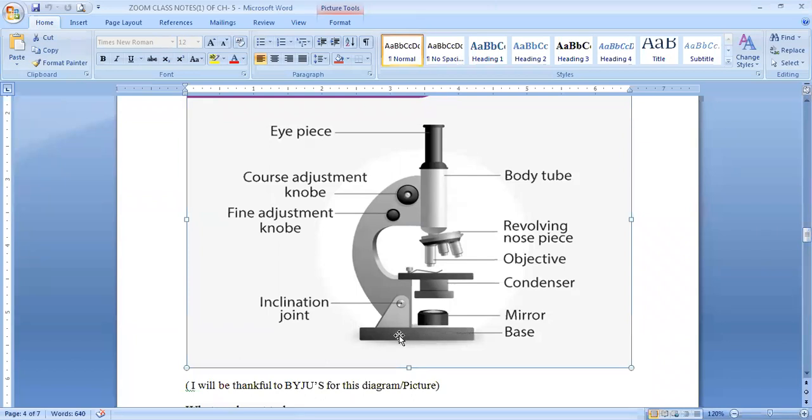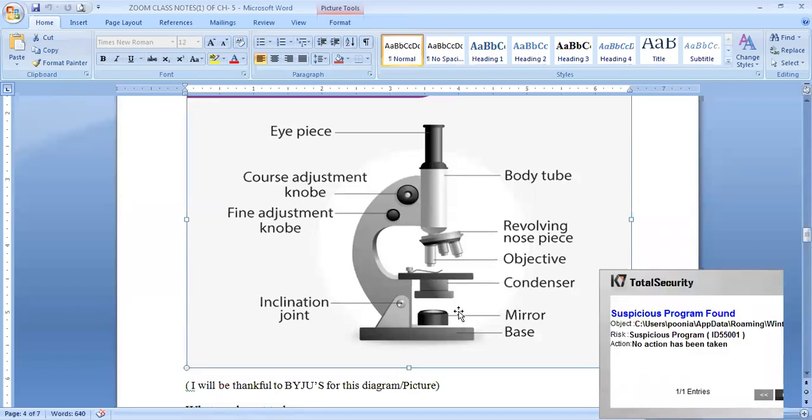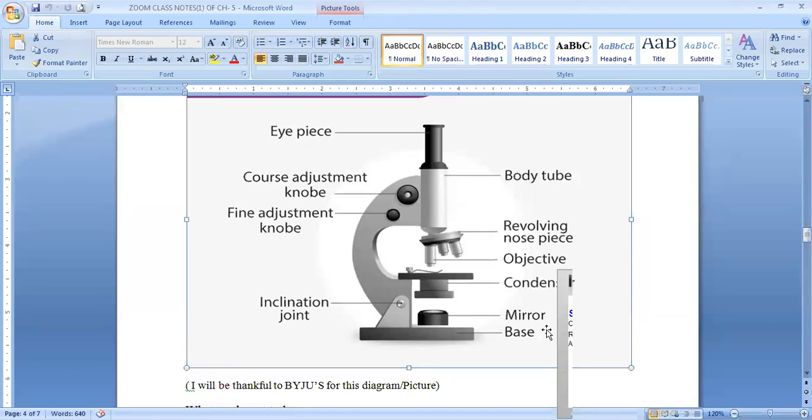So in this picture, you can see that the compound microscope has a base, or you can say a stand, on which the body of the microscope is kept, right? Here it is a mirror. This mirror is actually a concave mirror which collects all the light and focuses it on the stage so that you can see the specimen clearly.